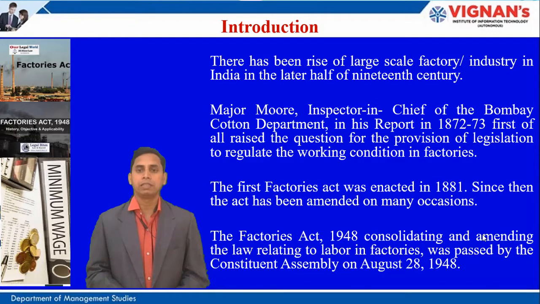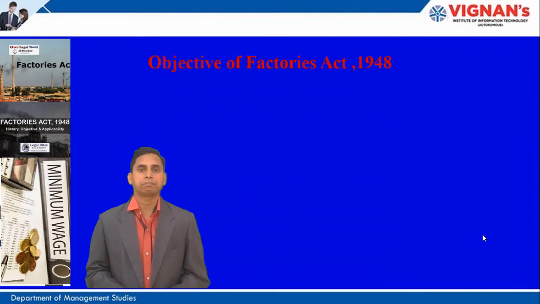The Factories Act 1948 is the main act, consolidating and amending the law relating to labor in factories, and was passed by the Constituent Assembly on August 28th, 1948. After that, this act was enacted by the Indian government and put into practice.